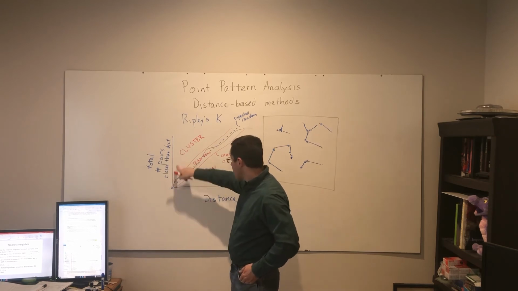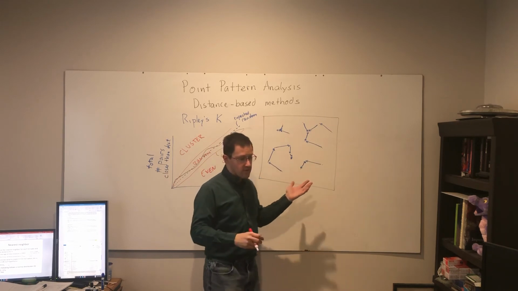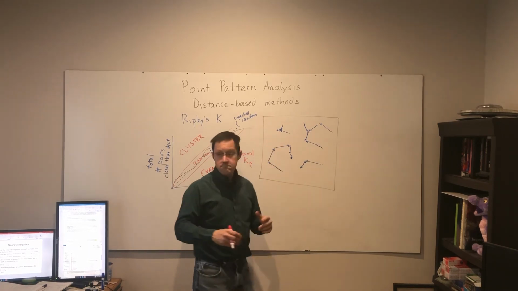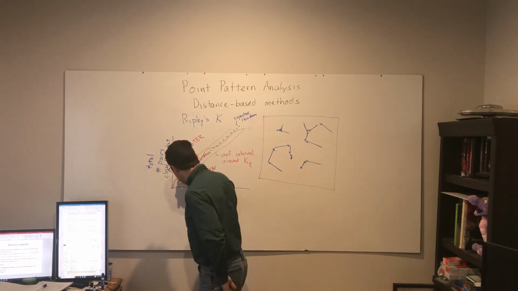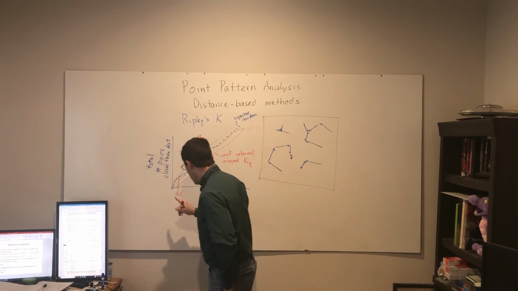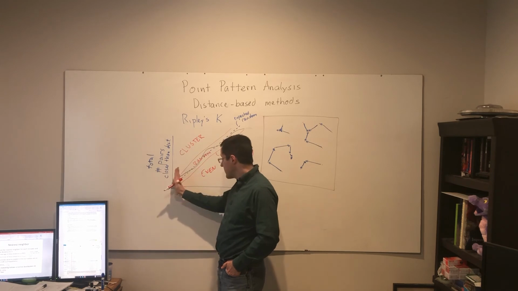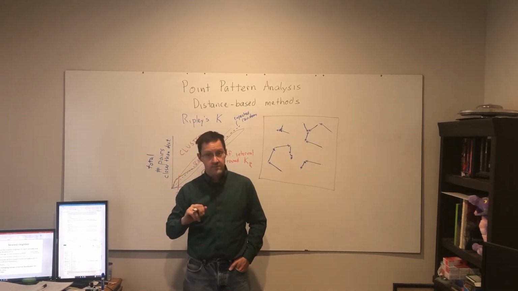In this case, I could say, for the most part, these points are random. But at really short distances, I'll say D sub CL for the distance of clustering, shorter than that, they actually are clustered.